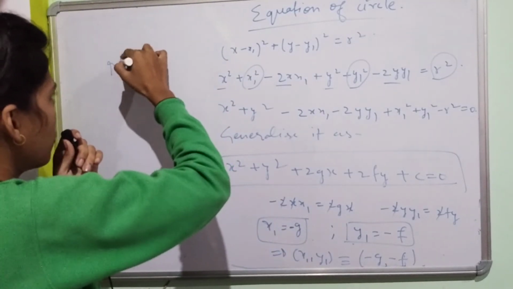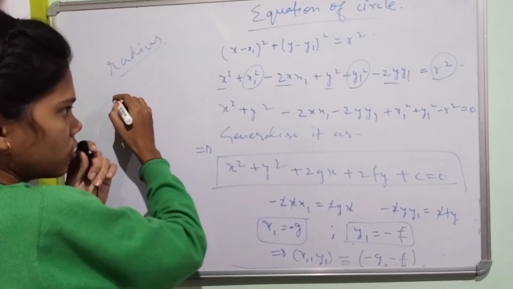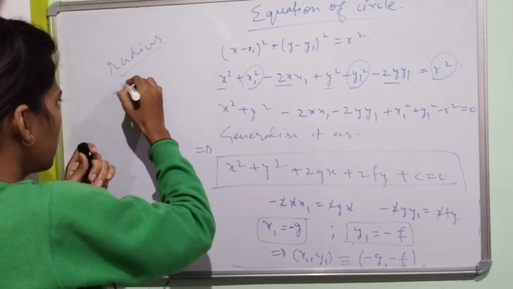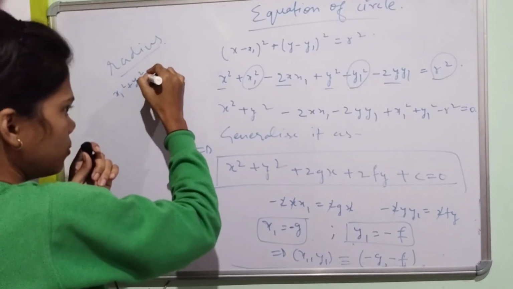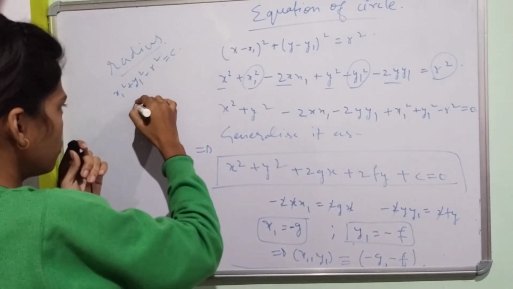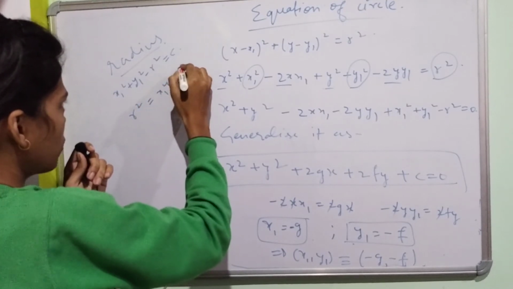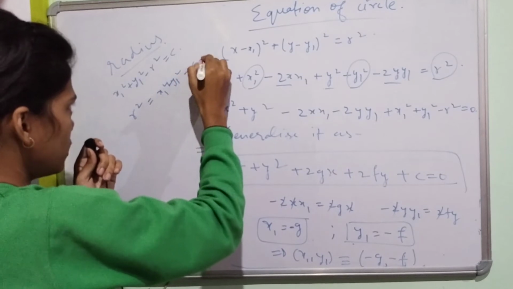Now if we consider the radius, x1² + y1² − r² is basically a constant quantity. So we can write r² = x1² + y1² − c.